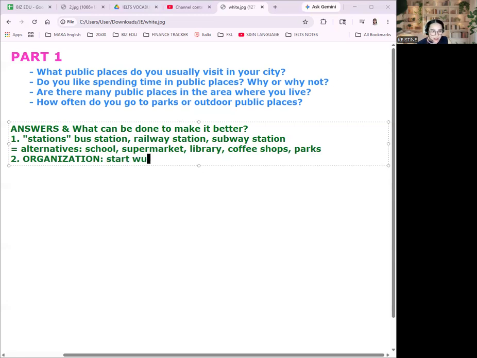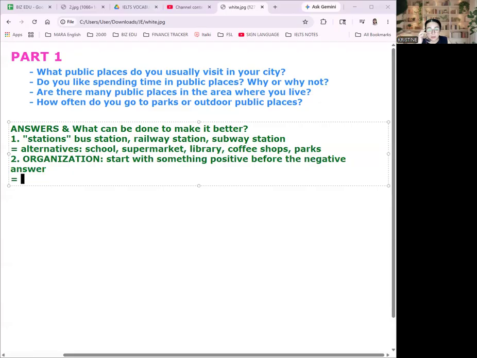For the organization, what should we do here? Start with something positive before the negative answers. How do we do it? You can do it this way, Peter. For example, you can say there are a lot of fun activities in public places.